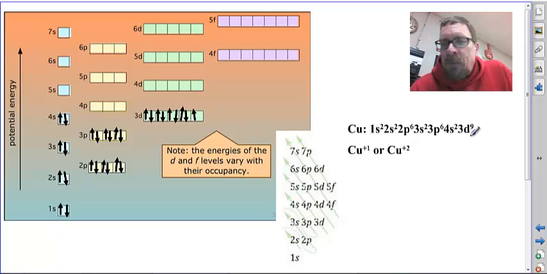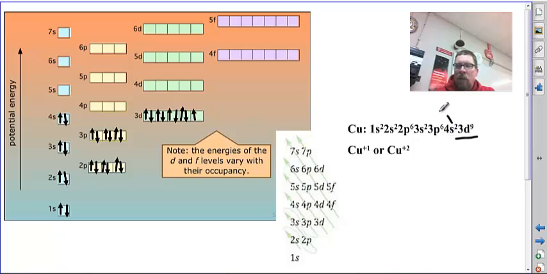And that is the final electron configuration right here. And here are my valence electrons right here. Now, if things were to stay this way, here's my outermost shell. And when I wanted to form an ion, I could drop those two, and I would become a copper +2. And there's nothing wrong with that.